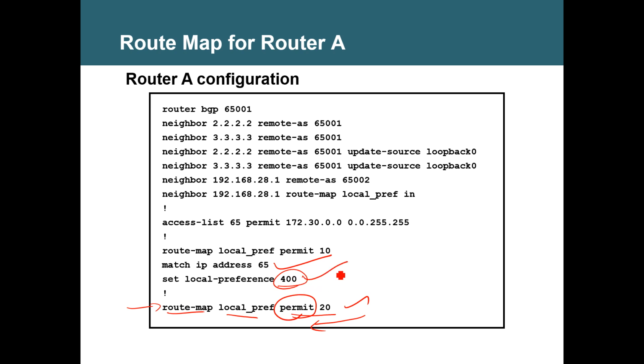Only the change that we want to make is for this network. So when I write this one, the other updates are also received like before without any alteration. Alteration is done only to this one with local preference.